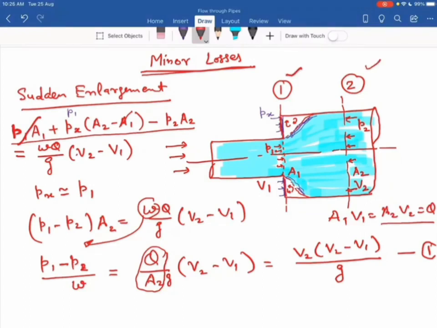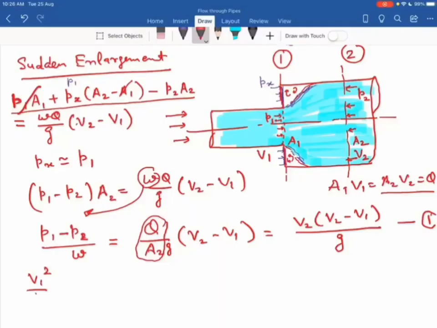Now I apply the Bernoulli's theorem at section 1 and section 2. So when I apply the Bernoulli's theorem at section 1 and at section 2, I can write V1 square divided by 2G plus P1 by W plus Y1 is equal to V2 square divided by 2G plus P2 by W plus Y2 plus the losses due to expansion.